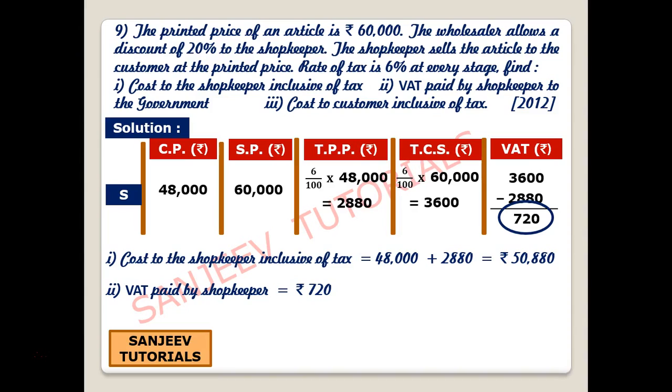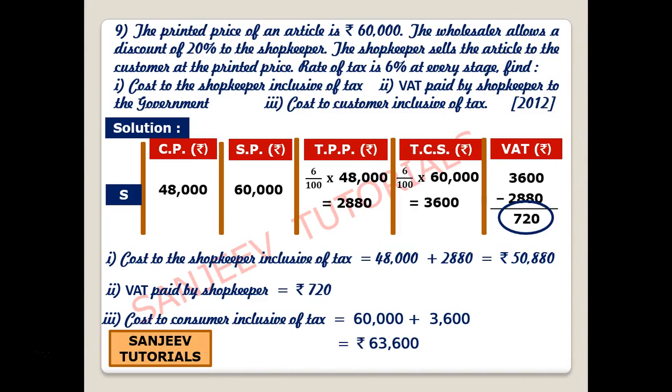Customer has purchased the article for rupees 60,000, and while purchasing the article, the customer also paid a tax of rupees 3,600. So total cost to the customer is 60,000 plus 3,600, that is equal to rupees 63,600.